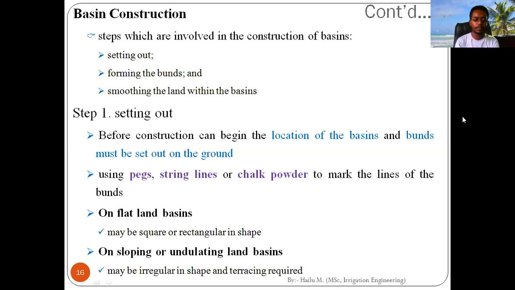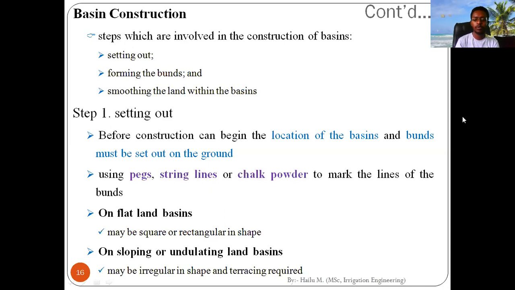Under step 1, before construction can begin, the location of the basin and bands must be set out on the ground, by using pegs, string lines, or chalk powder to mark the lines of the bands. On flat land, basins may be square or rectangular in shape.